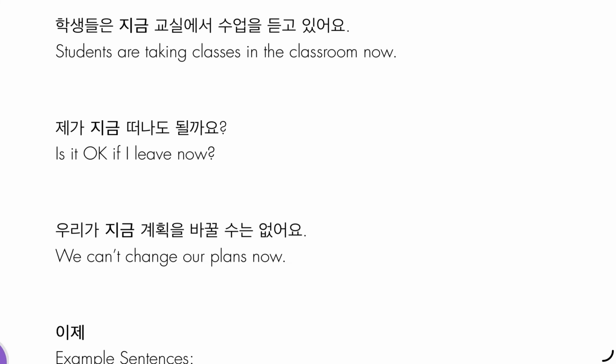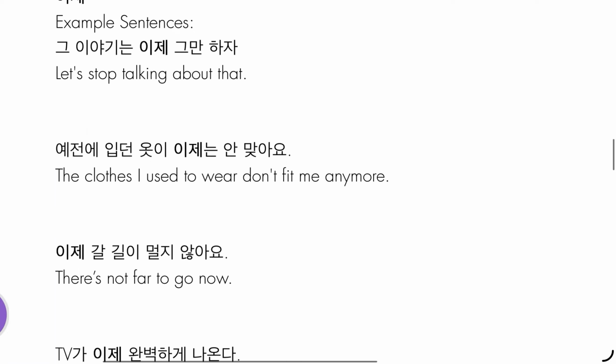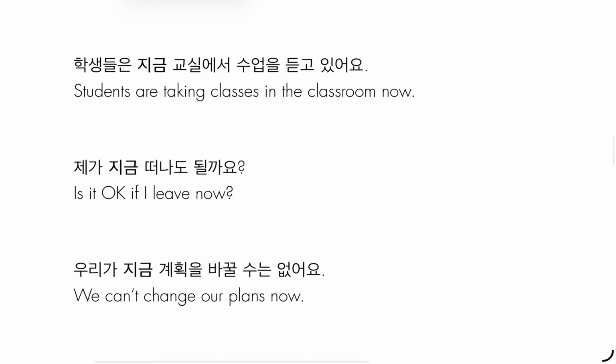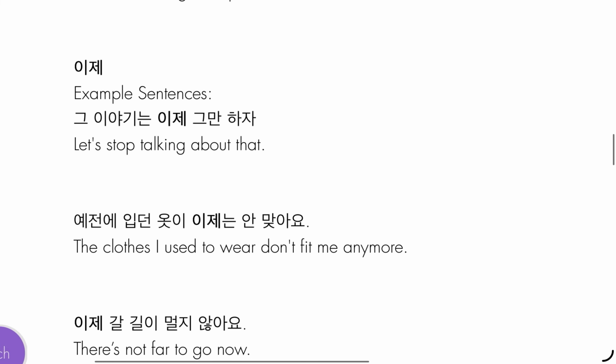Okay, so really just to emphasize, those things are taking place right now in this moment. Now, 이제 can sometimes have that same meaning. So for some of these, you might even see people replacing 지금 with 이제. But most of the time we see 이제 is going to be this meaning.